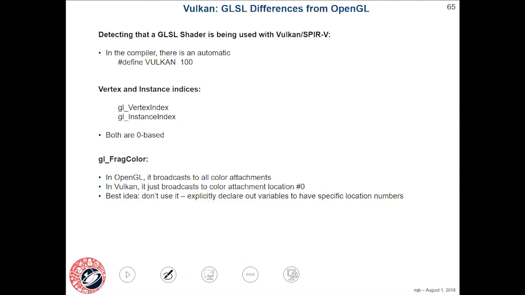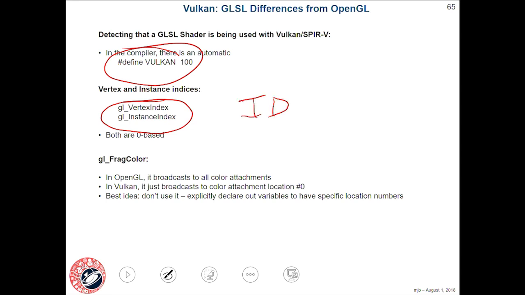Okay? Now, differences from OpenGL. We talked about this before. There's that pound define Vulkan in the shaders, which you can use. You'd say pound ifdef Vulkan, and then you could put Vulkan specific code after that. Some other things that changed: vertex and instance indices in OpenGL.